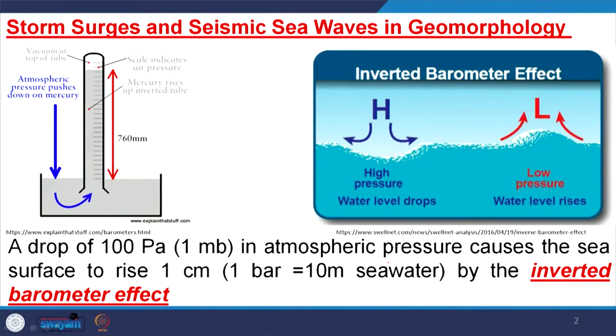So if the atmospheric pressure is high, we are lowering the sea level. If the atmospheric pressure is low, we are elevating or lifting the sea level up. This type of interrelationship is called the inverted barometric effect. The inverted barometric effect will either decrease or increase the sea level.